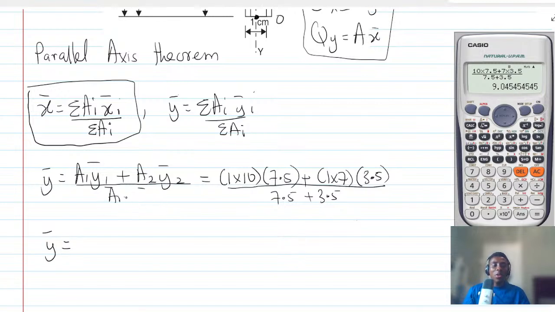So it's supposed to be area 1 plus area 2. So it's actually the area. So 10 plus 7. There's a mistake with the calculation. It's actually the summation of the areas, not the y bar 1 and y bar 2. So the actual answer is 5.85.